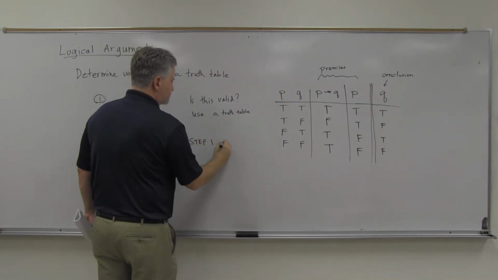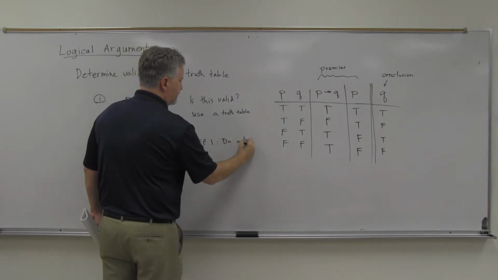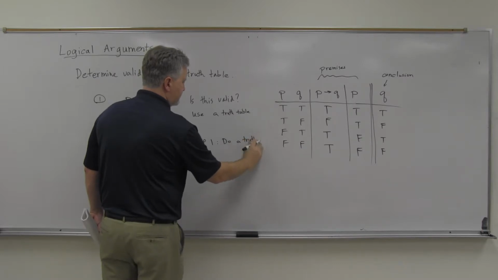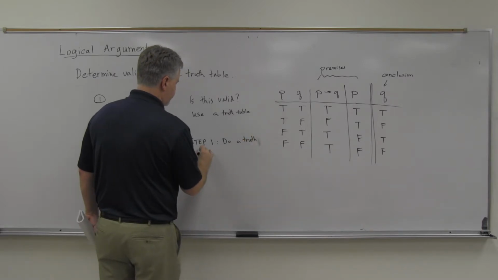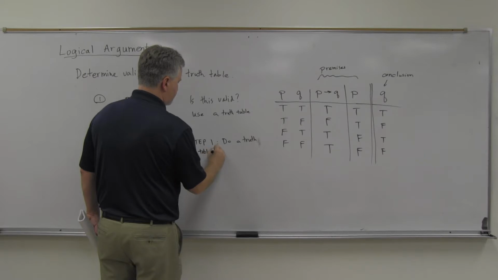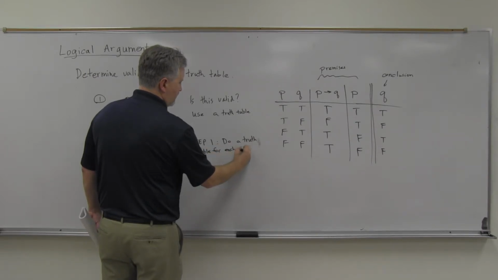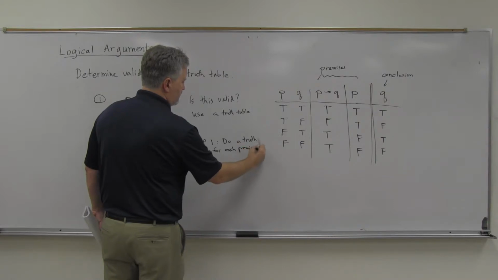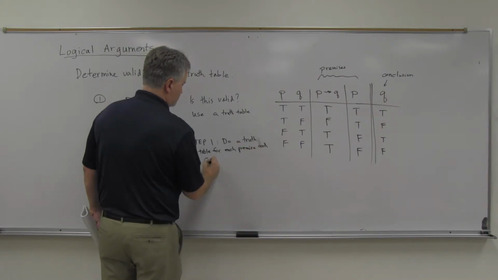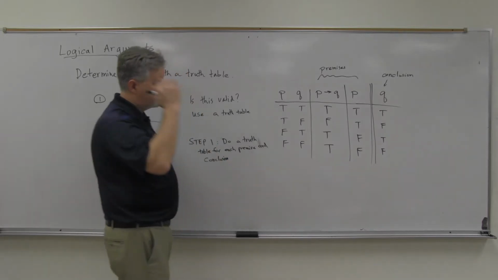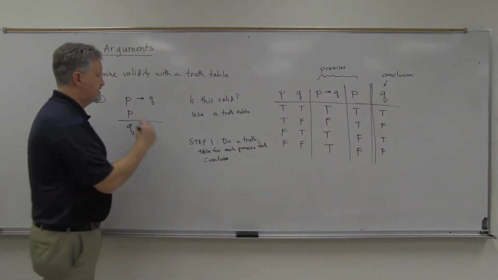Step 1, do a truth table for each premise and the conclusion. So this is if we're going to use a truth table. These are the steps.